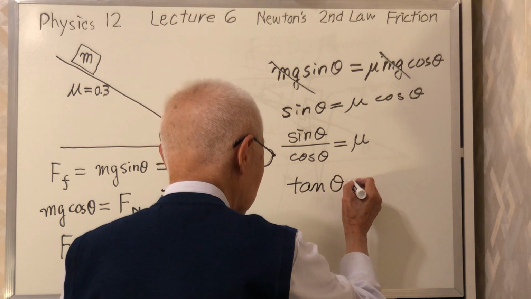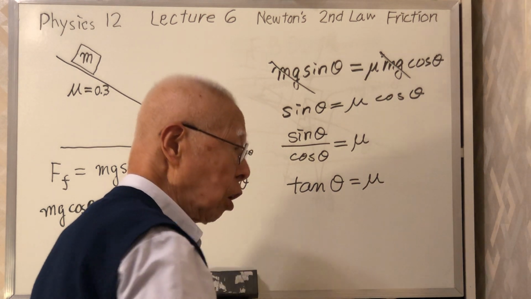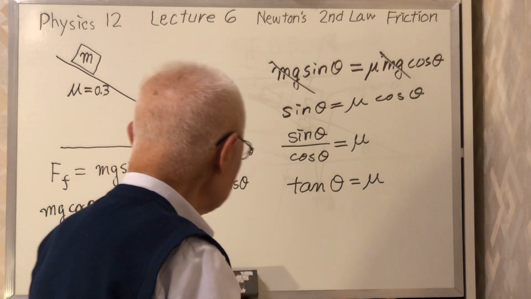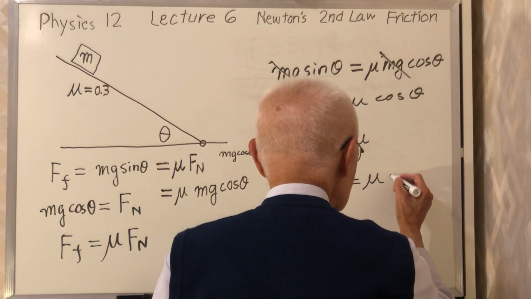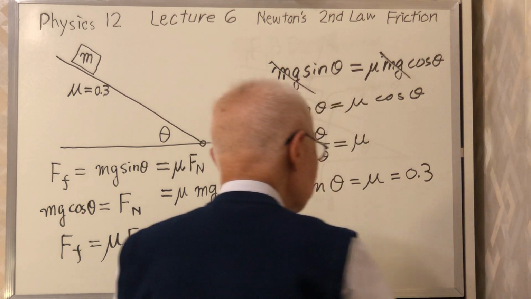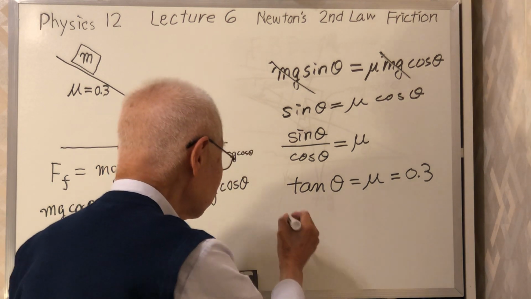So I have the relationship. This is equal to the coefficient of friction, which is given 0.3. From this, you can find theta.